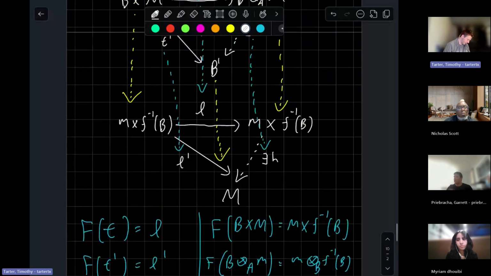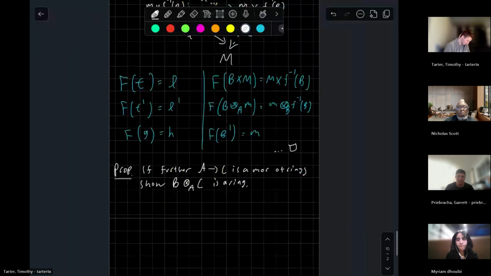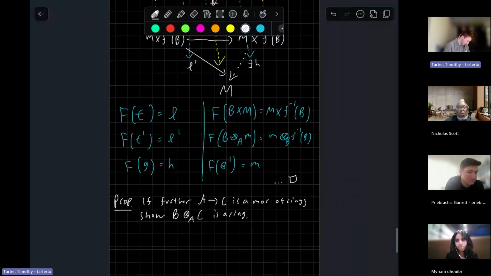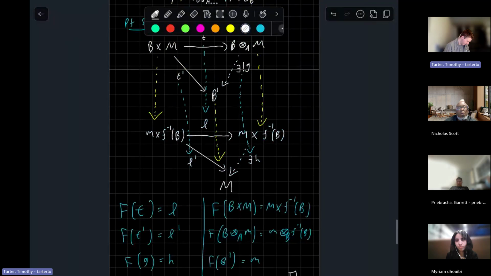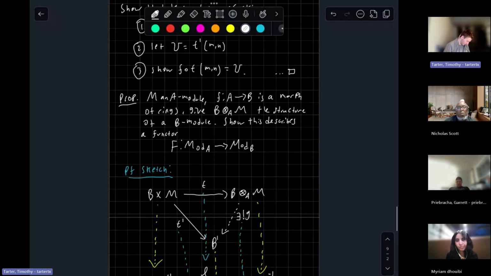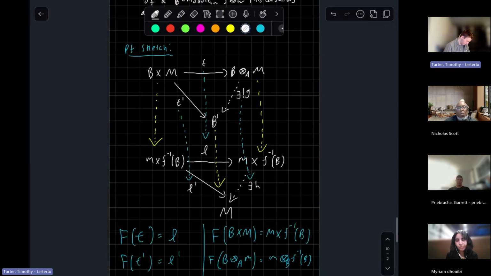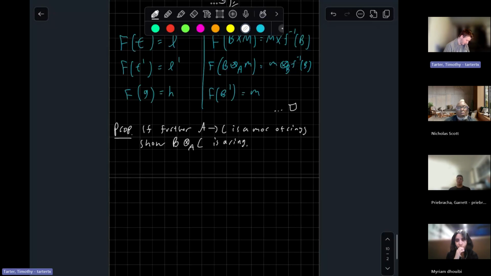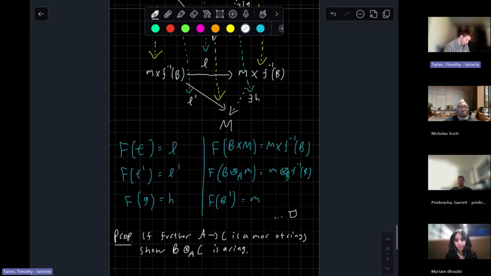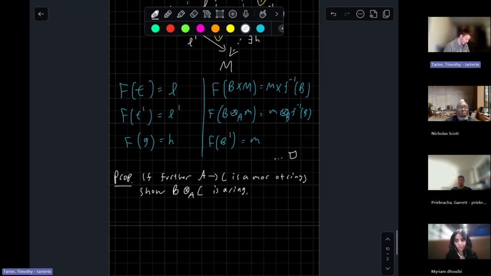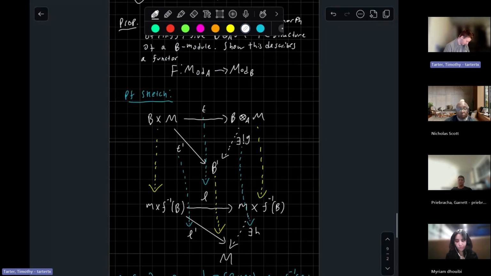Okay, so A to C is a morphism of rings. Show that B, which up here is a ring. So B is a ring, C is a ring. The tensor product of two rings is a ring.